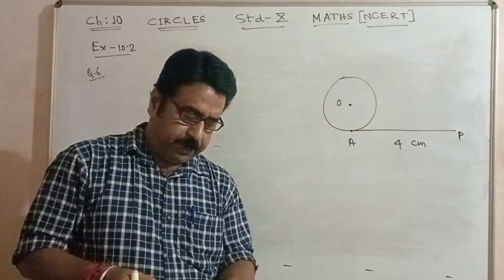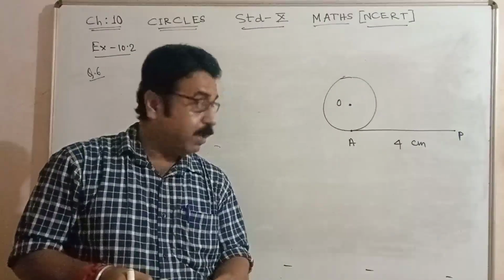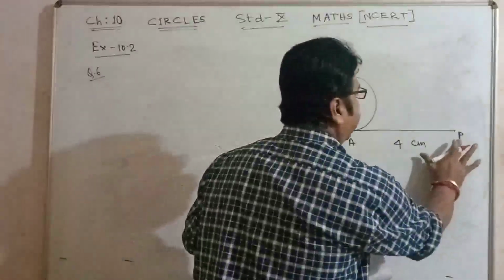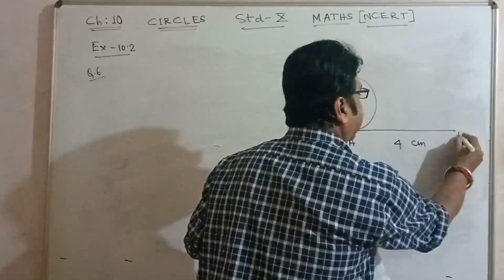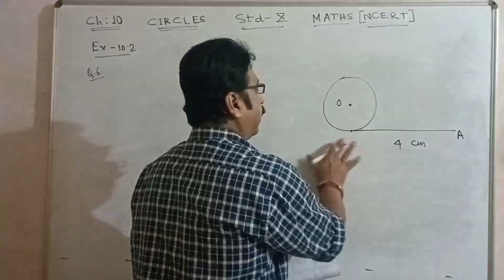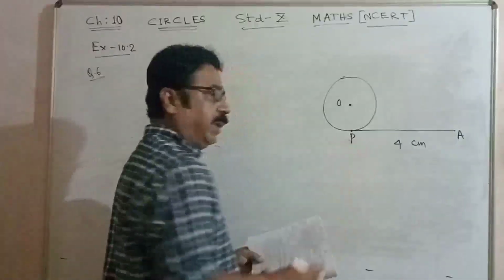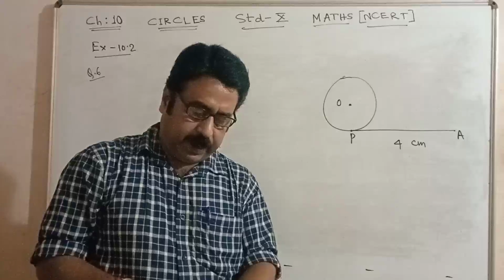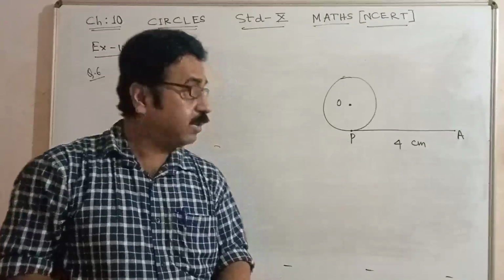The length of a tangent from a point A, that means point A will be here. This will be point P.